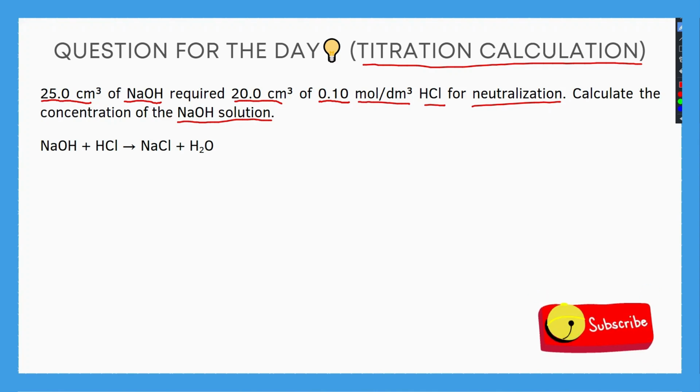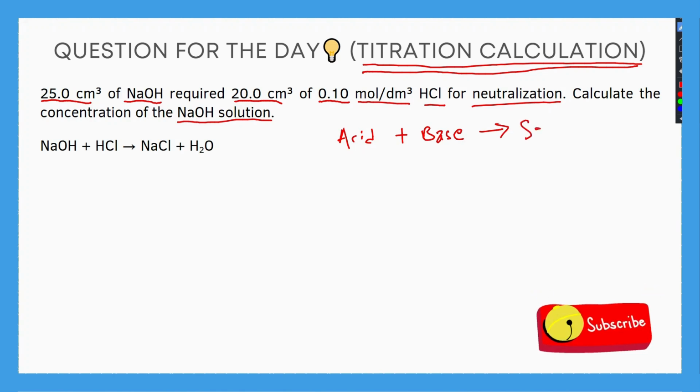Now, the first thing we need to understand about this question is that it is a titration calculation. And what is a titration calculation? It is simply a practical chemical reaction that is carried out in the laboratory where an acid is made to react with a base, producing salt and water, which is H2O.